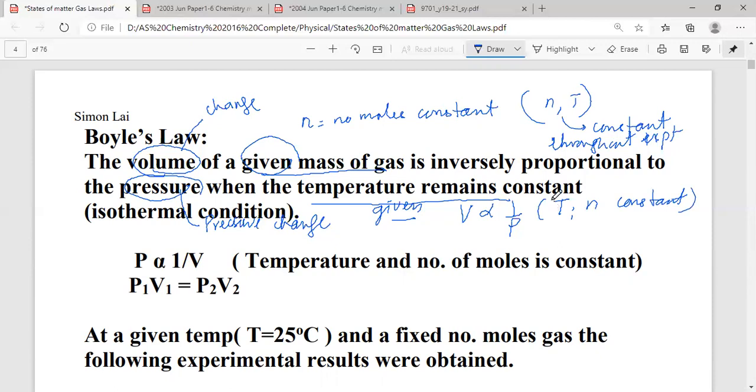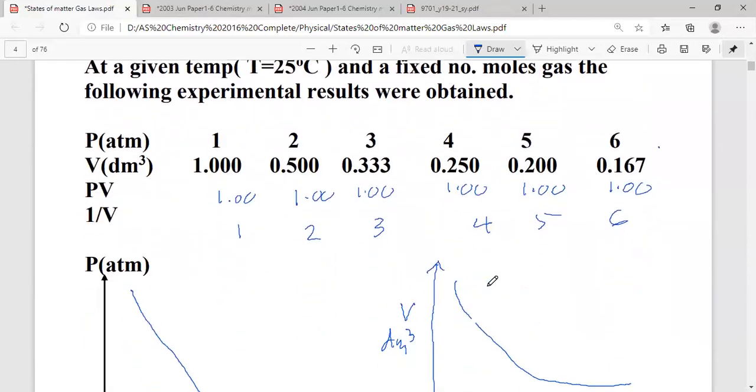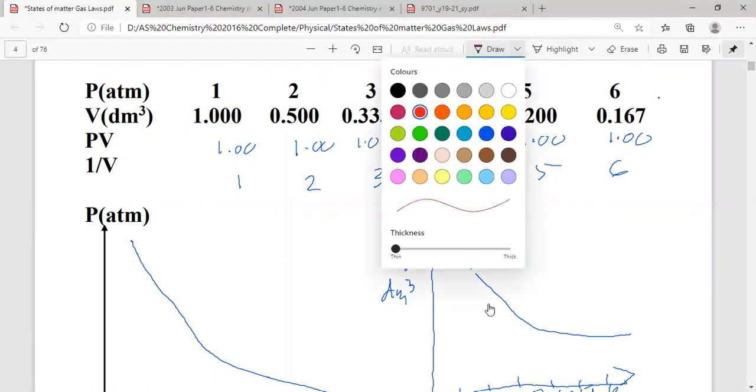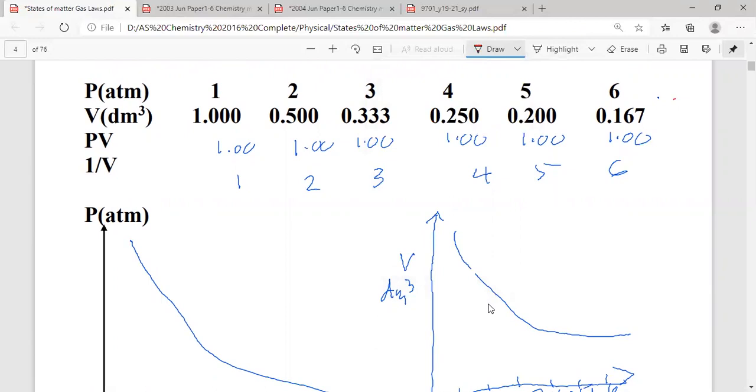Very simple. Of course, 1 and 2 are before and after, at the same temperature. Here, I put this out because they ask you to draw graphs. This is fictitious, of course. I'm going to put red ink to show the difference. Let's say Boyle did this experiment.